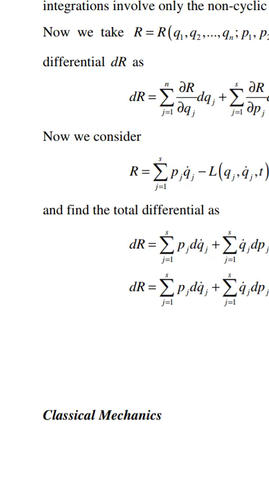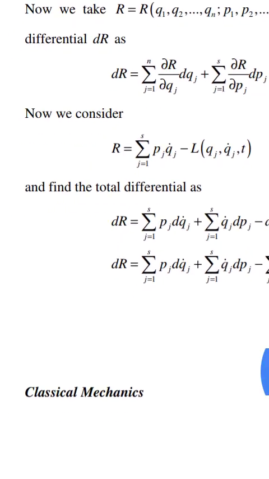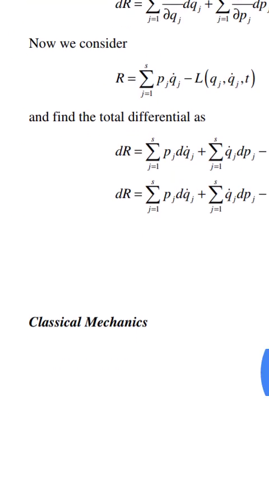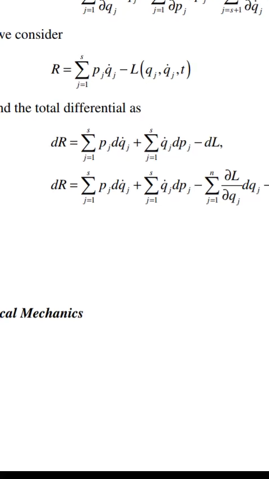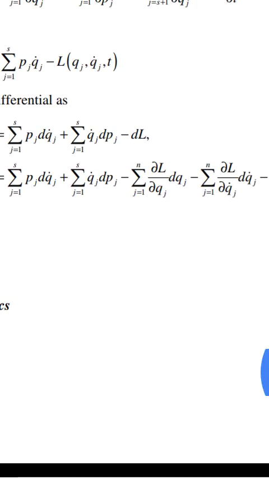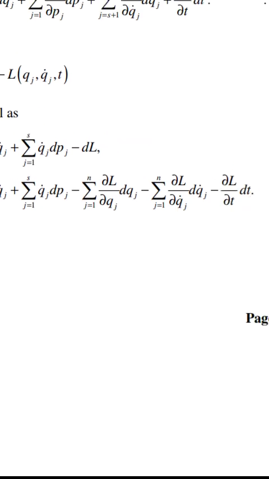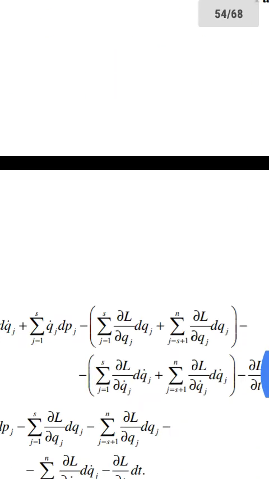Now we consider R equal to the summation of pj qj dot minus L of qj, qj dot, t, and find the total differential as dR equal to pj dqj dot plus qj dot dpj minus dL. dR equal to pj dqj dot plus qj dot dpj minus dou L by dou qj dqj minus dou L by dou qj dot dqj dot minus dou L by dou t dt.